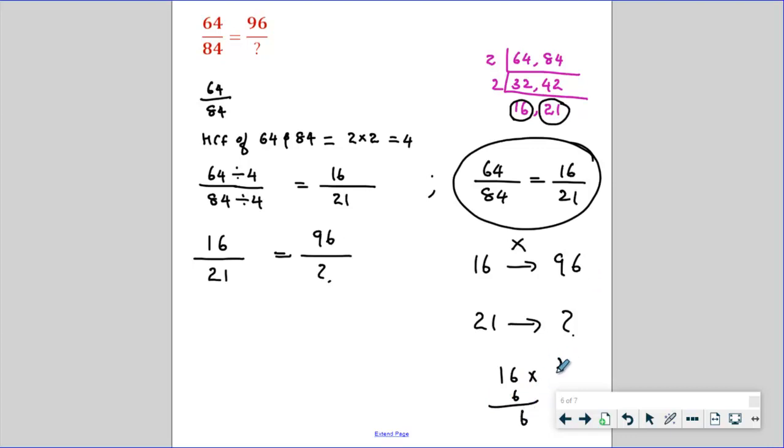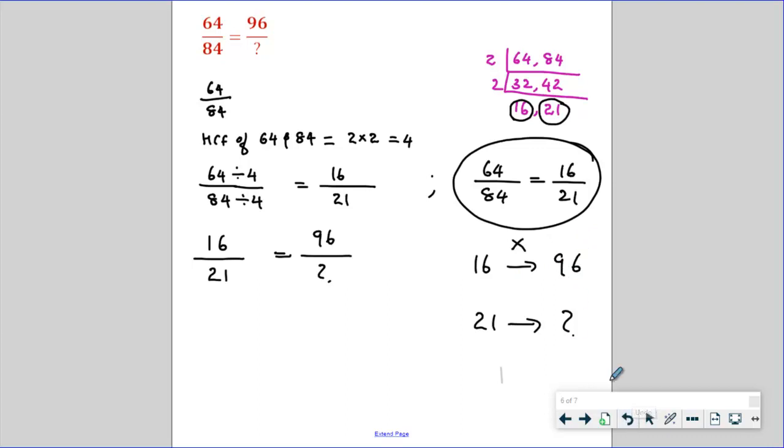6, 3 remaining, 6, 9, so 96. Here the last digit is 6. If you multiply by 6, then only the answer's last digit is 6. If you multiply 6 into 2, that is 12, 6 into 3 is 18, 6 into 4 is 24, 6 into 5 is 30, 6 into 6 is 36. In that way you can find the number.